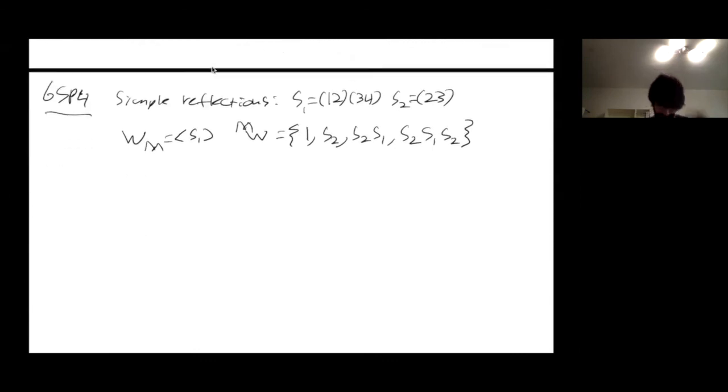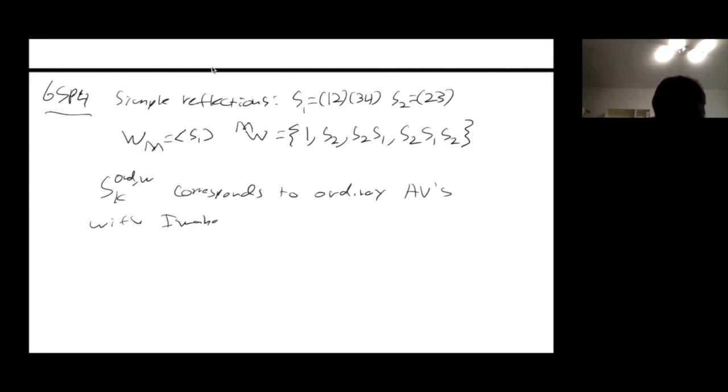Okay, and as David asked me last time, I can tell you concretely what the meaning of each of these components are. So S_w, or W, corresponds to ordinary abelian varieties with Iwahori level structure in a certain relative position with the canonical subgroup.